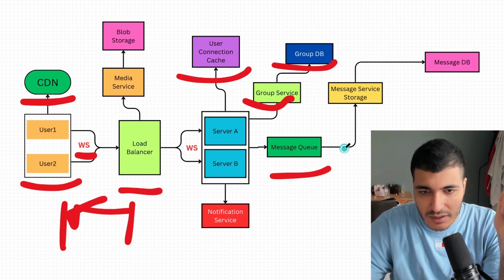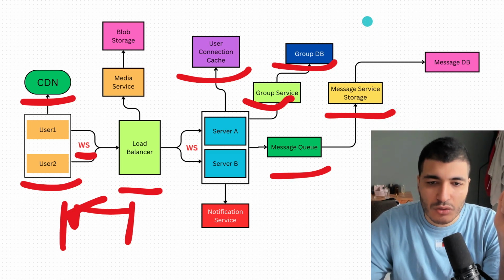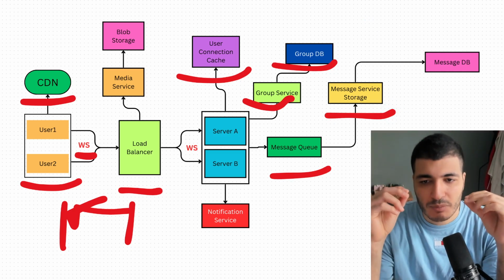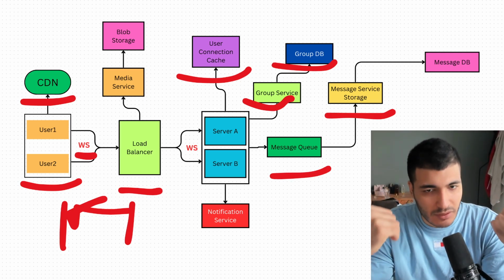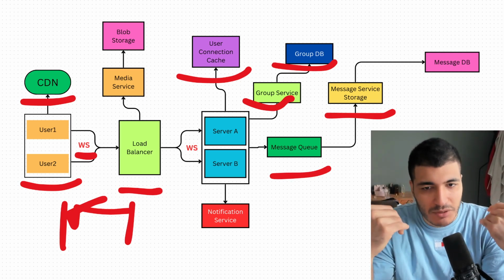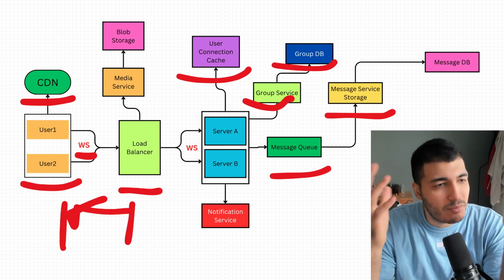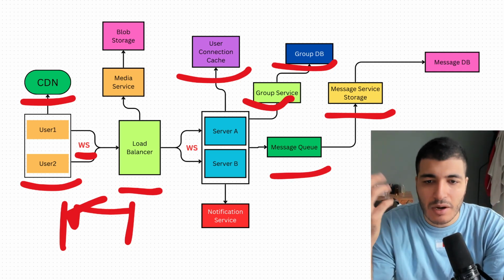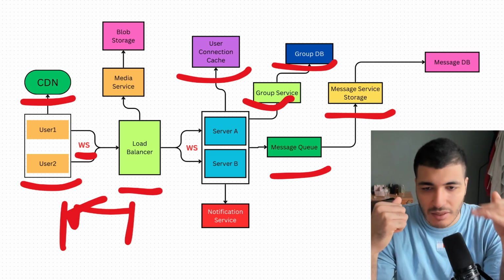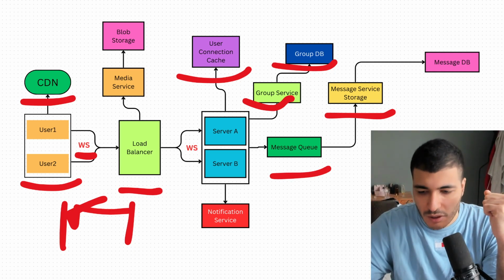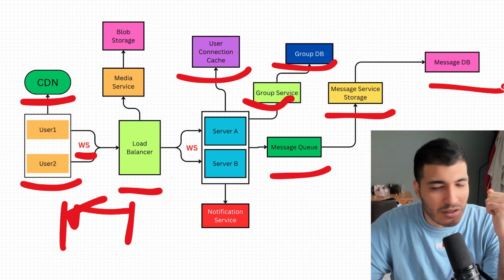We have next the message storage service. It takes the messages from the message queue and saves them permanently in the database. It can apply business logic like checking for spam, and maybe storing metadata like timestamp, delivery status, etc. And next we have the message DB.